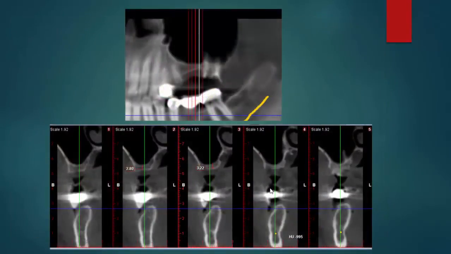This is one of my cases I did when I was resident at University of Maryland. طبعا مثل ما ملاحظين هون عندي ال alveolar bone height between 2 to 3 millimeter. This is a case of lateral window. But as you can see here, نلاحظ احنا في عنا هون radio opaque dot on lateral wall.